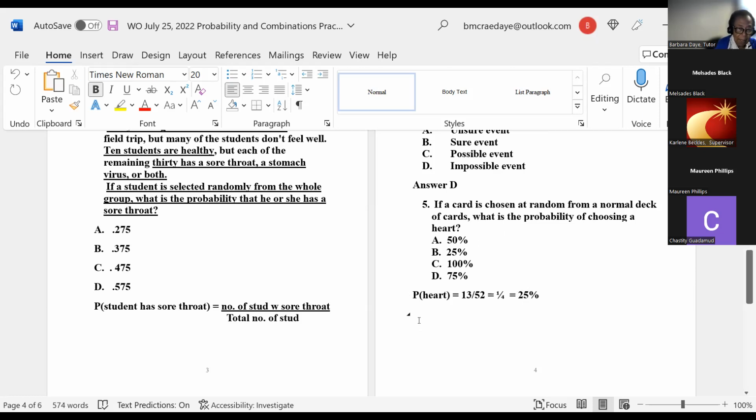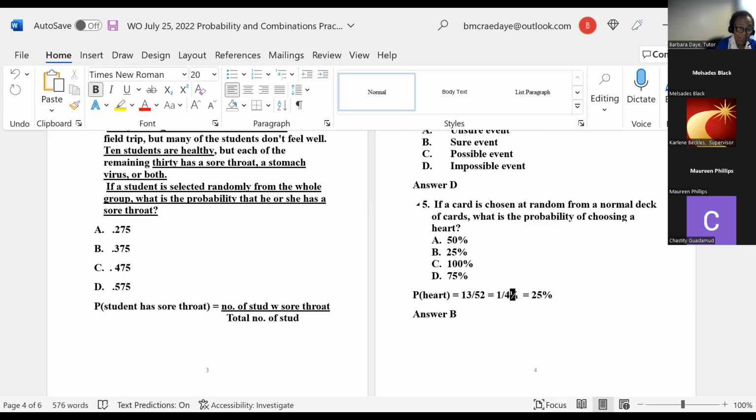So you take the 13 hearts and divide into 52, and you simplify, and then convert it to a percent. Remember, fraction to percent.